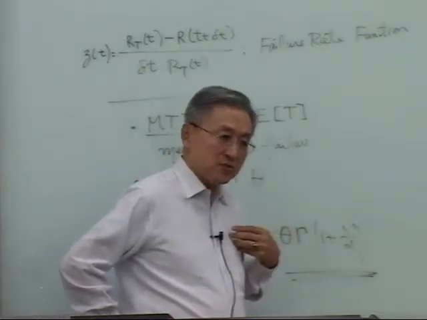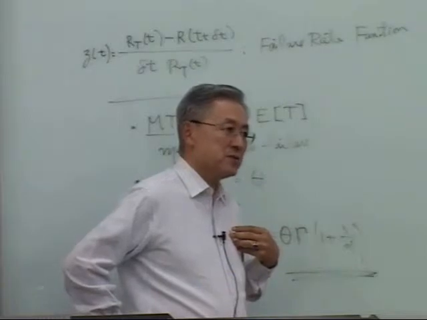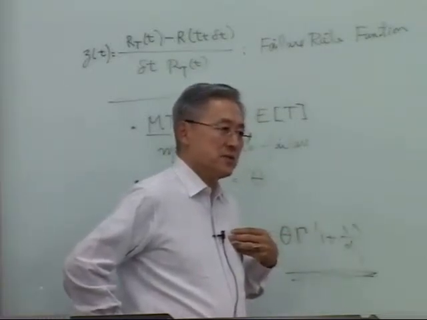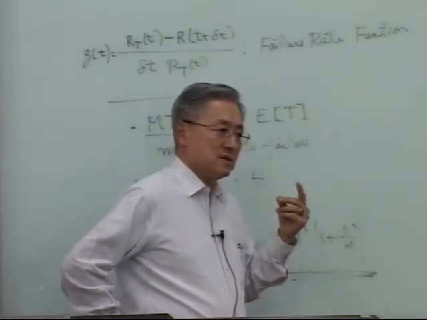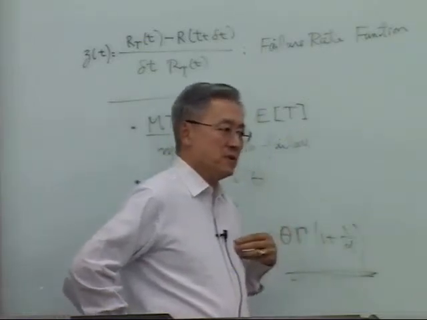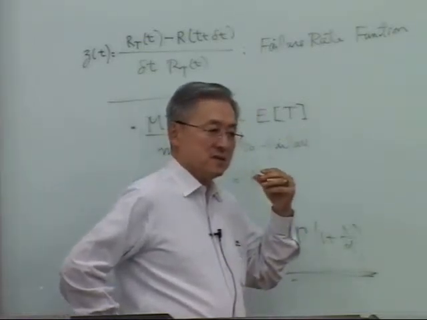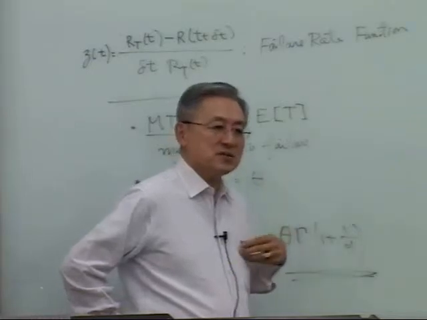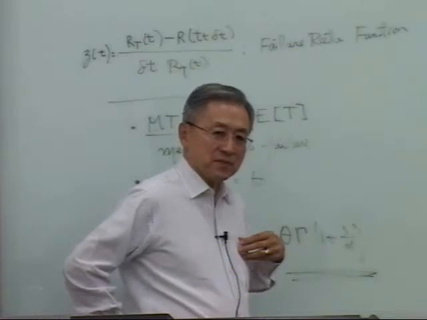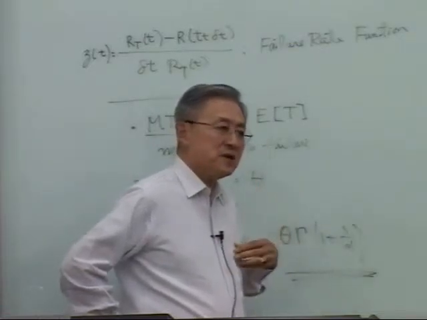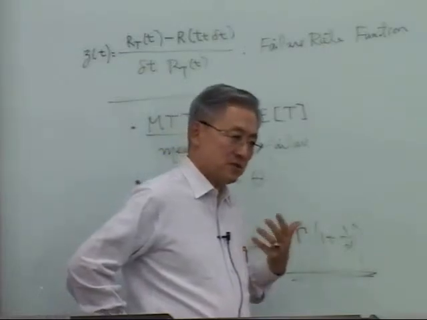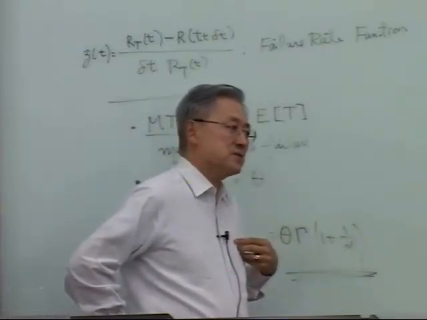But where structure reliability or structure failure is concerned, the probability of failure has to be very small, something like 10 to the minus 6, 10 to the minus 7, because one failure gives a total disaster. That's quite a different concept.